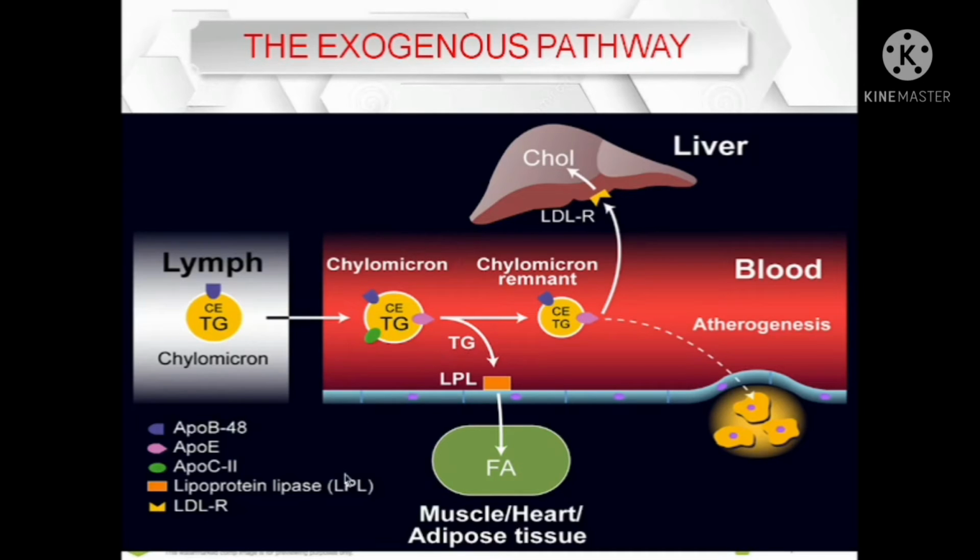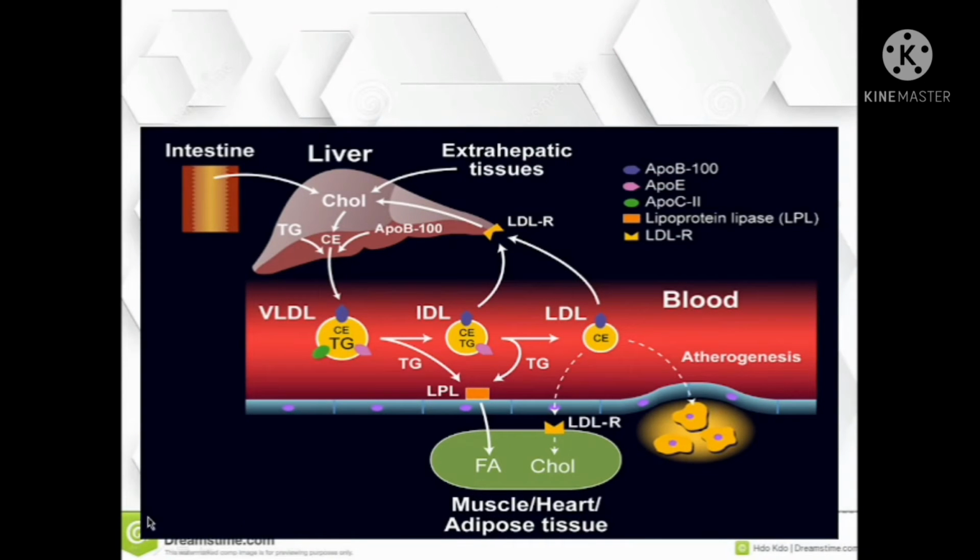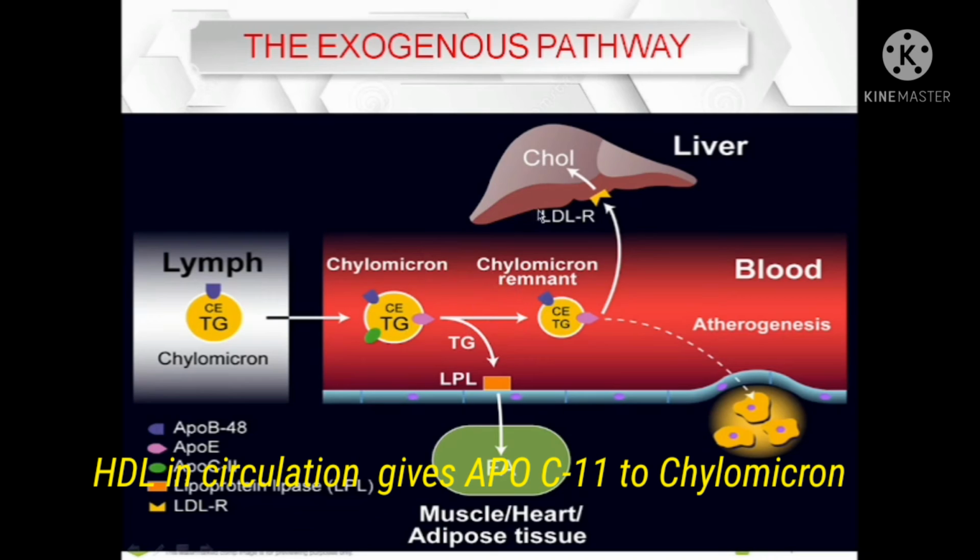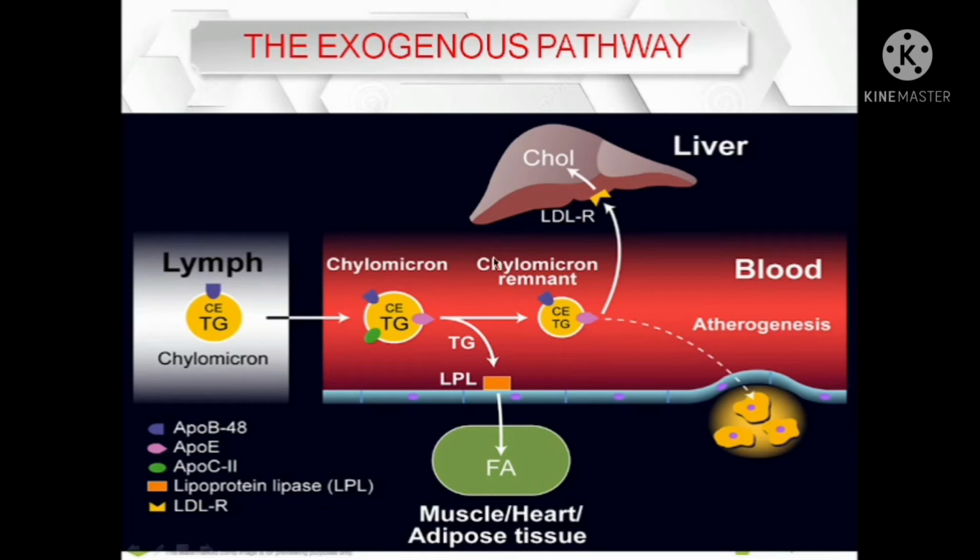So once in circulation, this is what happens. There is this, it's called HDL. Now HDL is our friend. It is in circulation, so there will be exchange between chylomicron and HDL, high density lipoprotein.